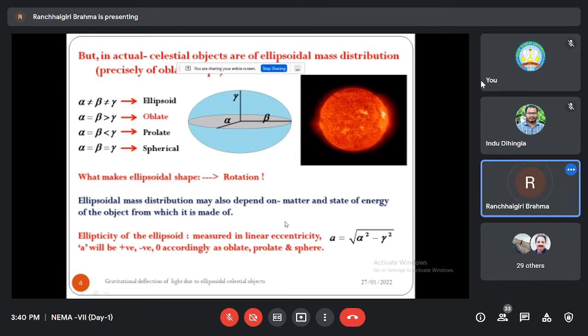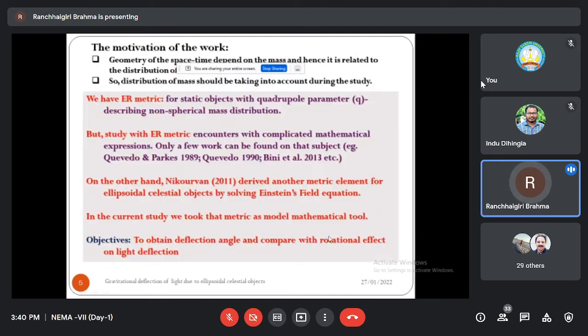For all positive values of A squared, it is known as oblate, and for negative values it will be prolate, or if A is equal to 0, this reduces to the spherical one. Now, what is the motivation of this work?